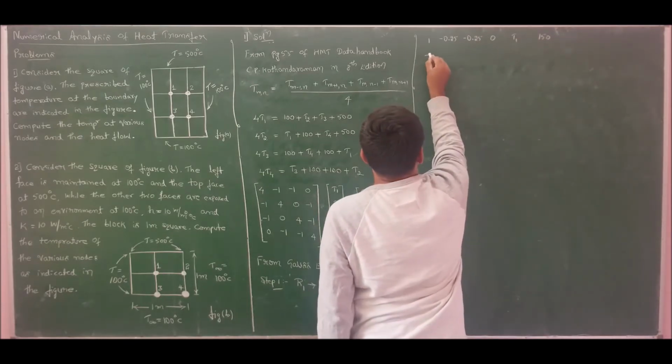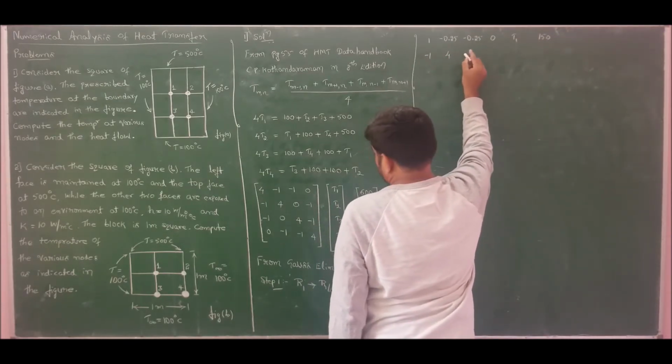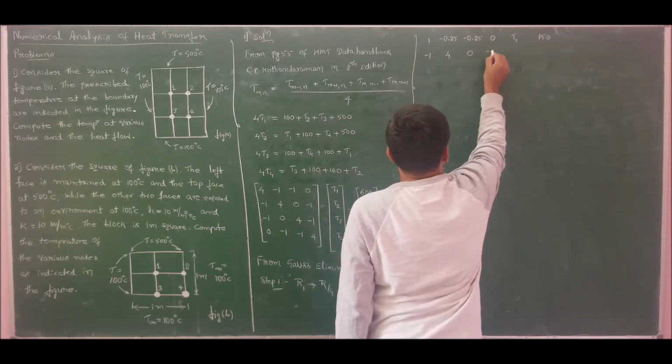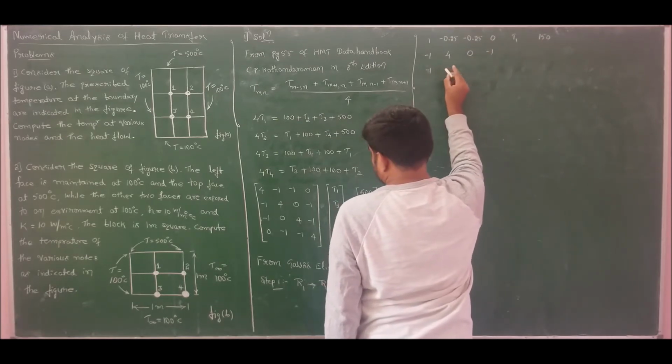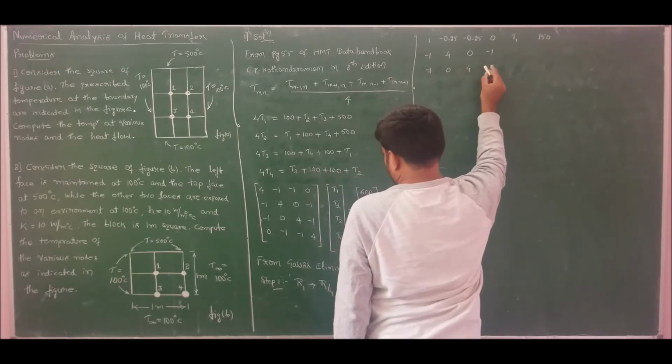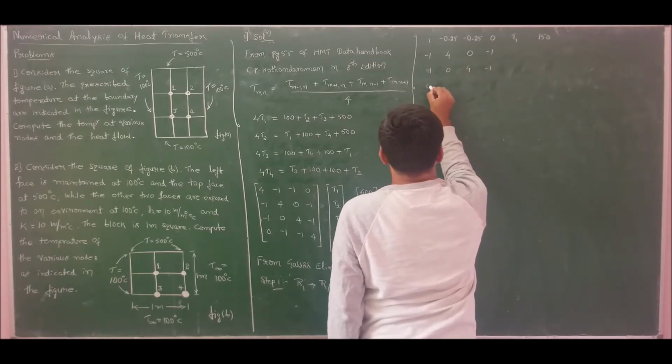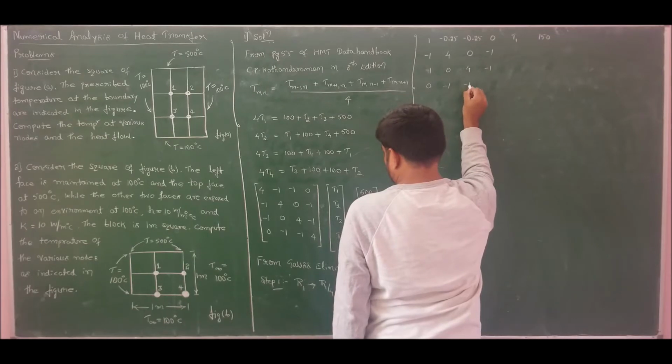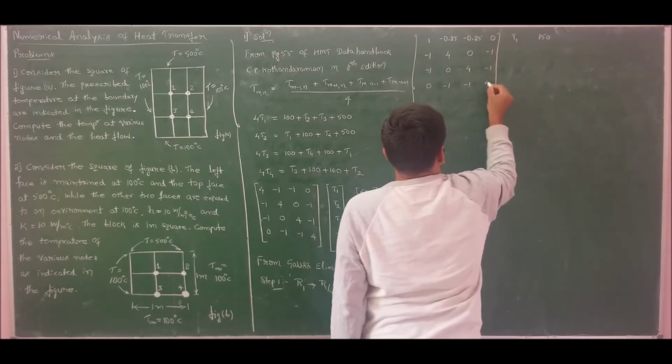The remaining rows I write as they are: minus 1, 4, 0, minus 1; minus 1, 0, 4, minus 1; 0, minus 1, minus 1, 4.